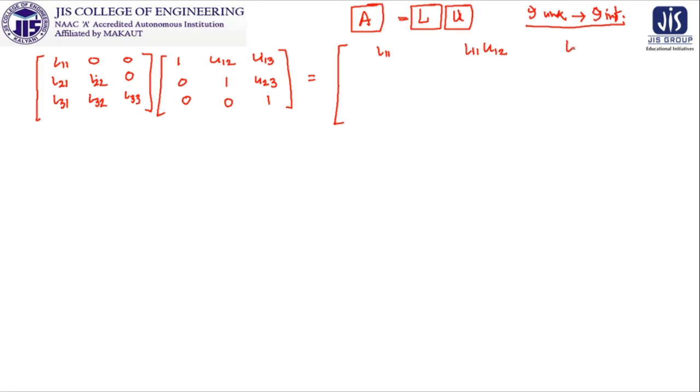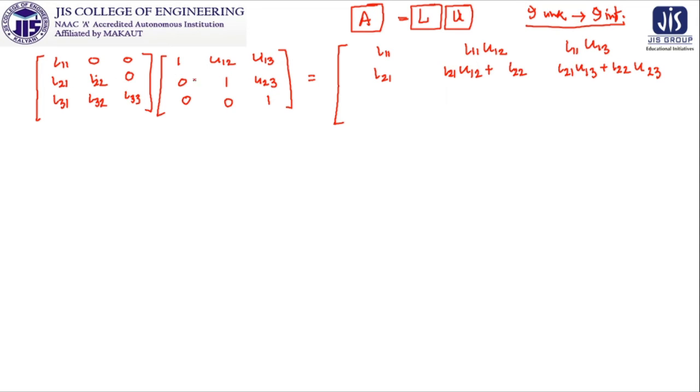In a similar manner, if we proceed with multiplying these matrices, we are going to get these entries subsequently. So L21, then the next one will be L21 U12 plus L22, then L21 U13 plus L22 U23, because we are getting the 2 3 position.